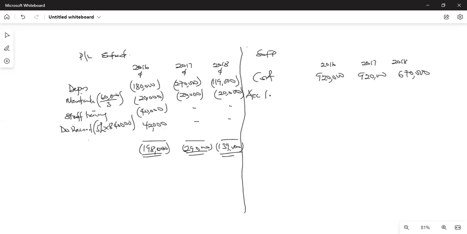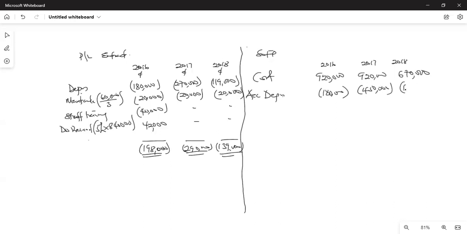Remember, we had to less accumulated depreciation, and it accumulates. Okay, so once you have your 180,000, you had additional 270 to make this side accumulated to 450.